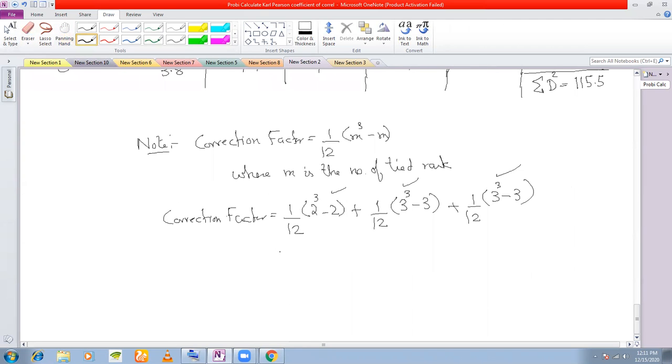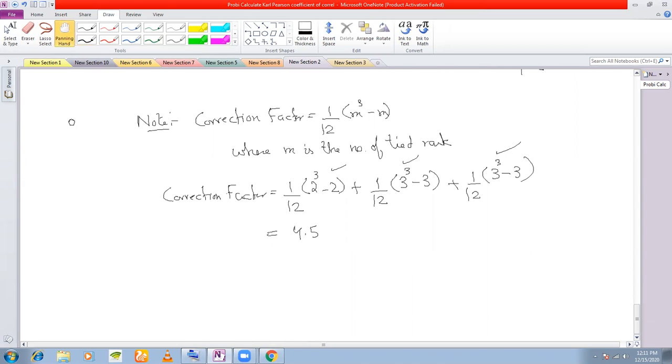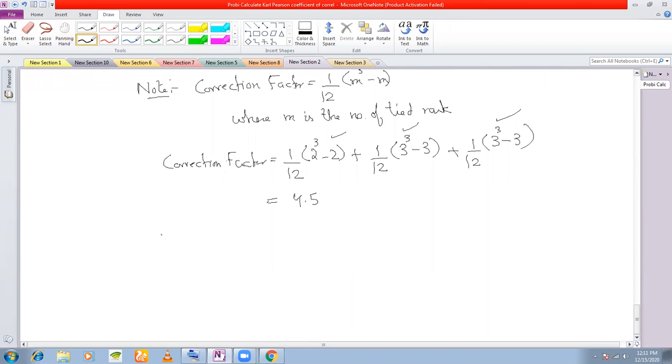So therefore, now if you add up these, you'll get 4.5. This is your correction factor. Now when calculating Spearman's rank correlation, or let's say the corrected value of sigma d square, what do we do with this 4.5?